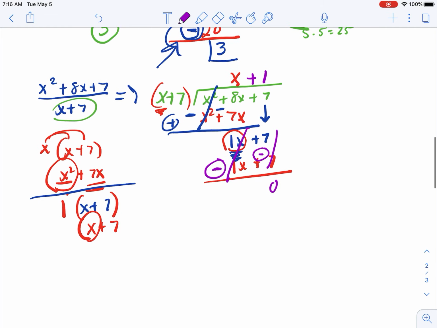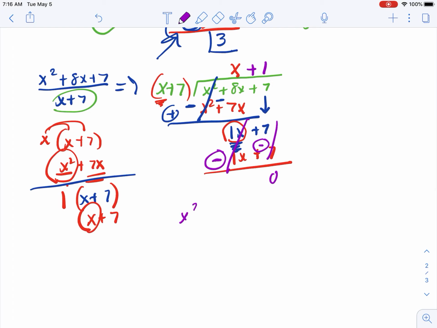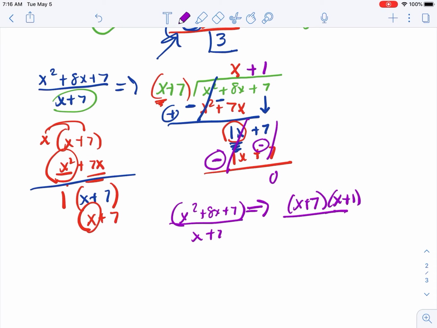Which means that, let's summarize this, x squared plus 8x plus 7, when I divide it by x plus 7, well, this piece here must be the factors of x plus 7 and x plus 1.